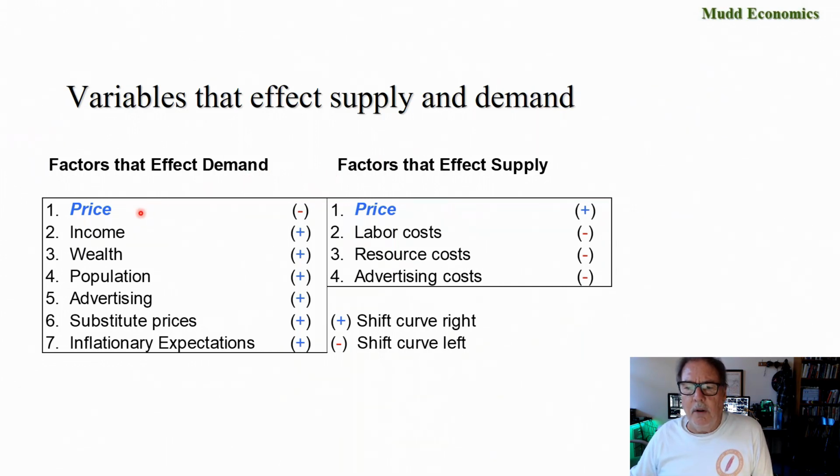And both are influenced by the price. This negative sign here means that for the demand curve, that relationship is inverse. The higher the price, the lower the level of demand. The supply curve suggests the opposite for producers. The higher the price, the higher the level of output.